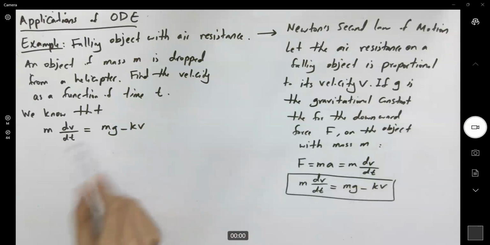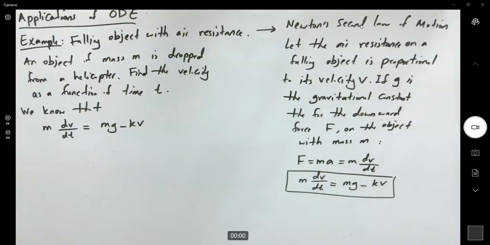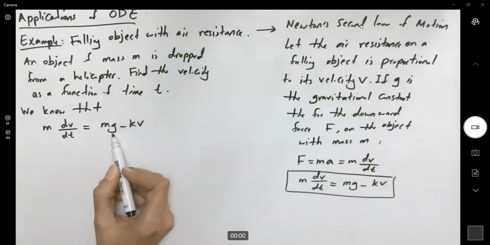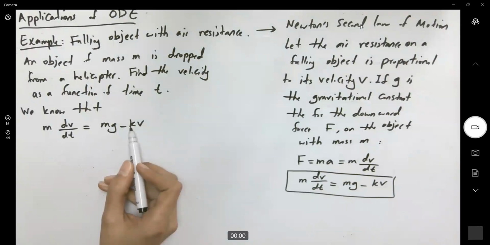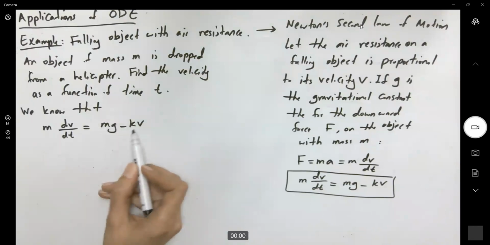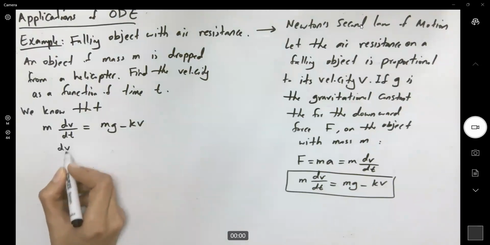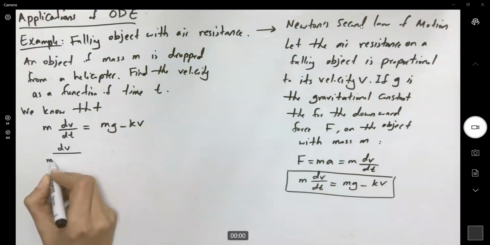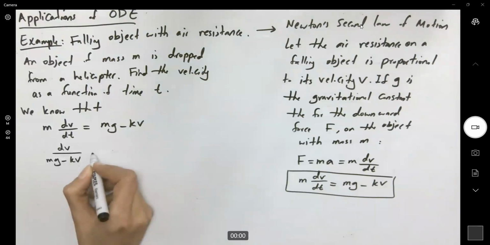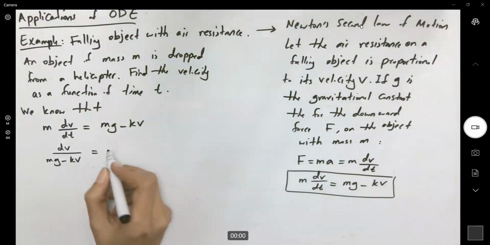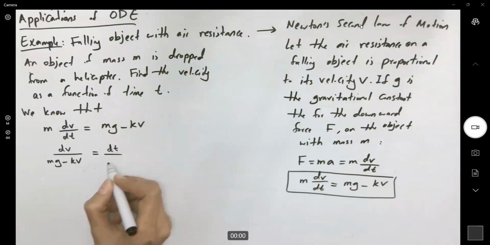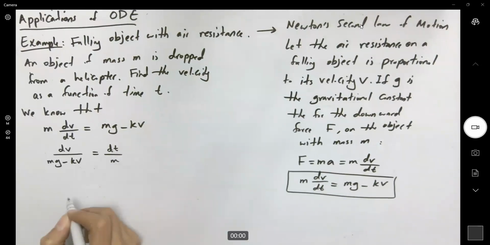Well, how do we solve this differential equation? First of all, note that m is a constant, g is a constant, k is a constant. Well, it means that I can write this in separable form. How? This is dv divided by mg minus kv equals dt divided by m.